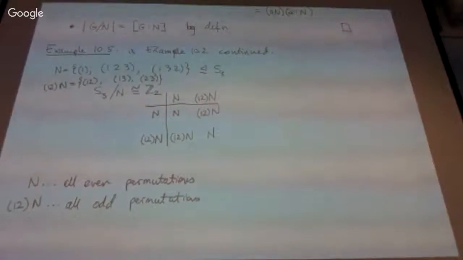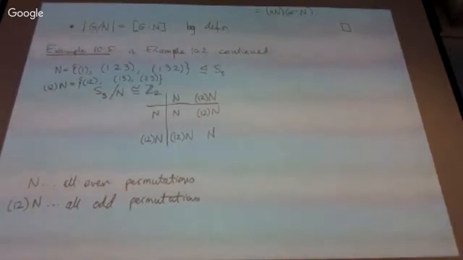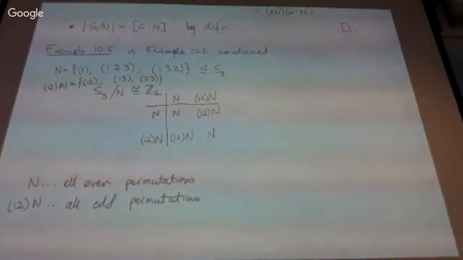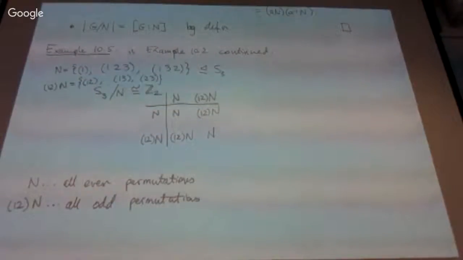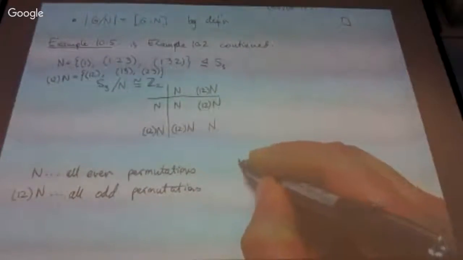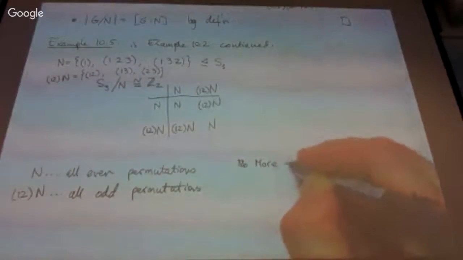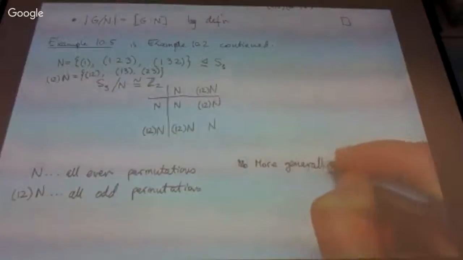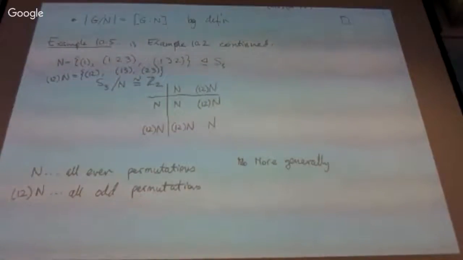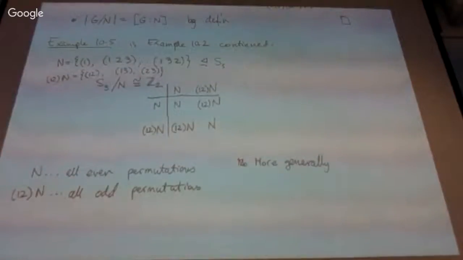When you multiply two odd permutations, you get an even one. When you multiply odd with even, you get odd. So this is what this isomorphism of the factor groups does. There's also homomorphism. Well, you've not done homomorphisms yet, but that's okay. One thing we observed is that a subgroup of index 2 is always normal.